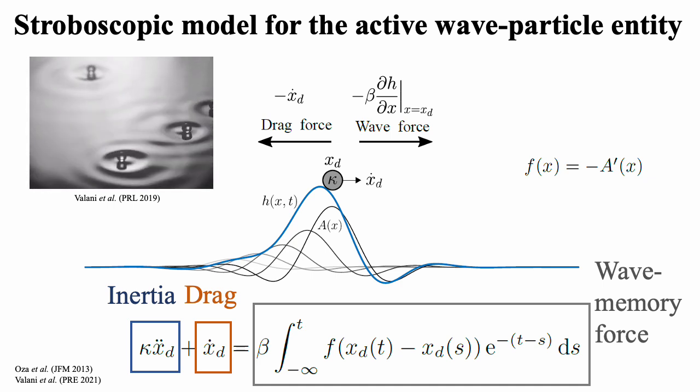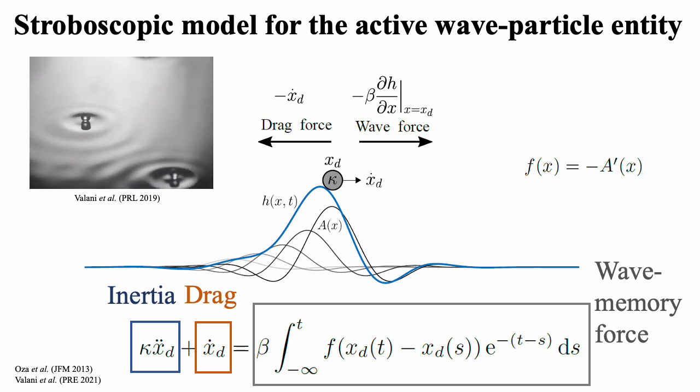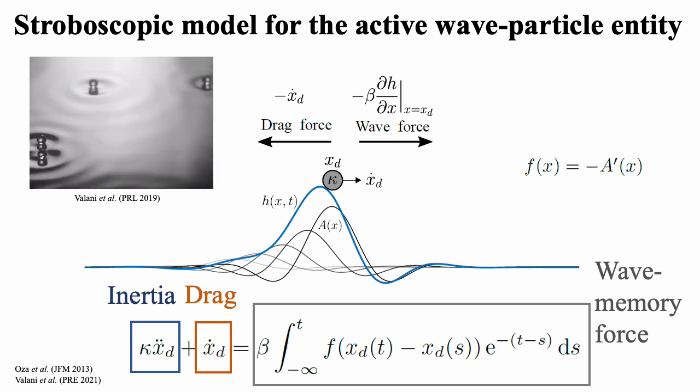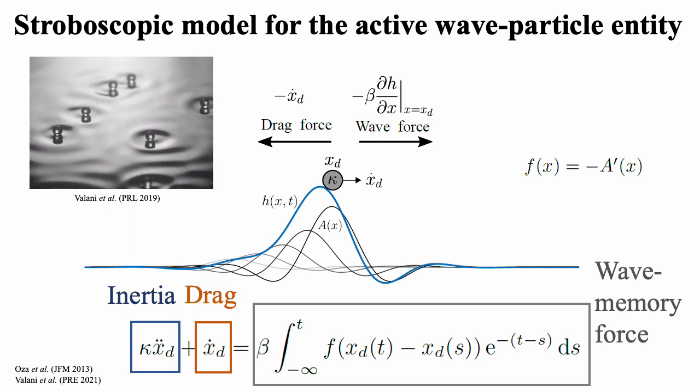Now, you also have to integrate over all the waves generated in the entire history of the droplet, right? The reason you have an integral from negative infinity to t is we are integrating over all the history of the droplet, and the function f there is the gradient of the wave, which is a, right?